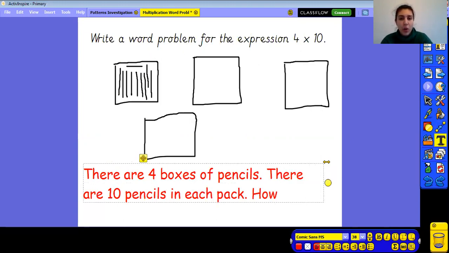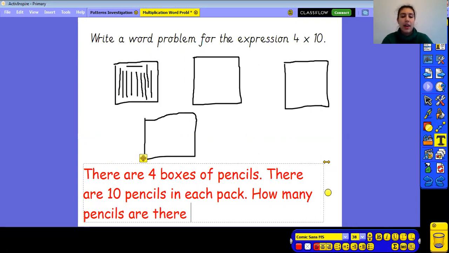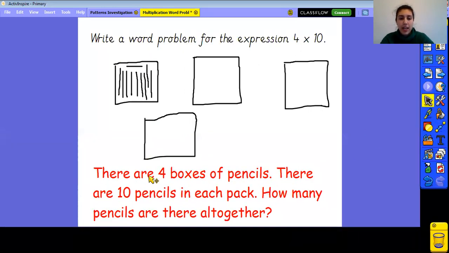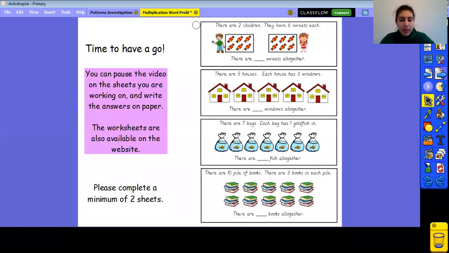And then my question will always end with, how many pencils are there all together? Okay, so you can use this sentence frame if you like. There are so many boxes. There are so many items in each box. How many objects are there all together? Use this to write your own word problem. So yeah, it's time to have a go yourself now.